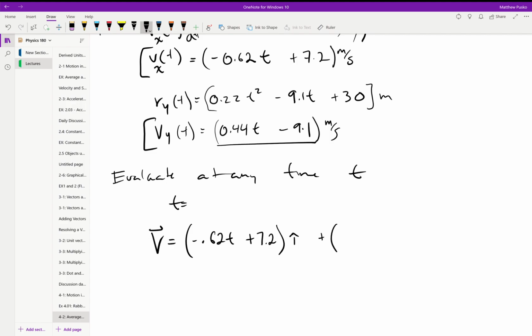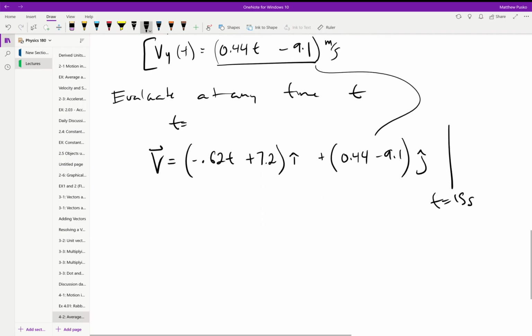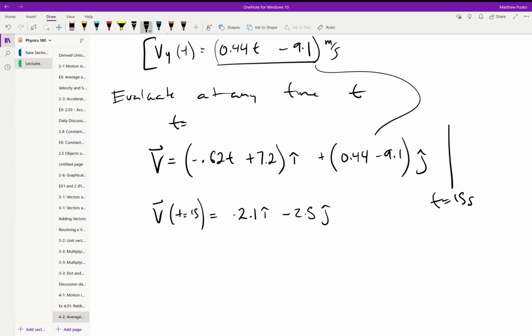And then we can take this whole thing and throw it in for the y component, 0.44 t minus 9.1, and that's all in the j direction. If we wanted to evaluate this whole thing at time equal to 15 seconds, so v at t equal to 15 ends up being a negative 2.1 in the i and a negative 2.5 in the j. And that's all in meters per second.